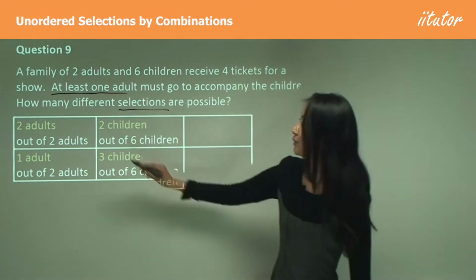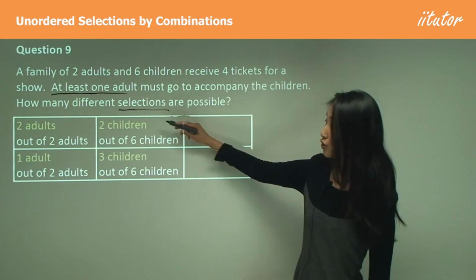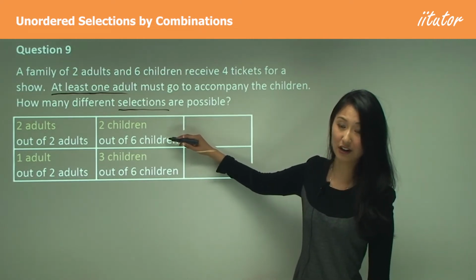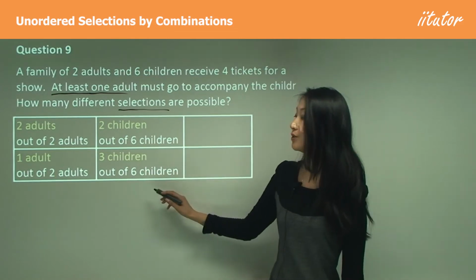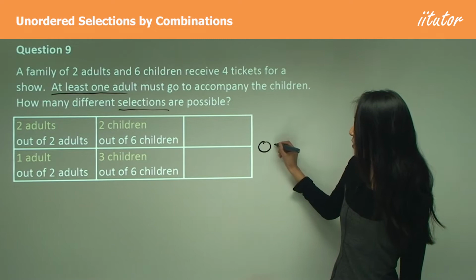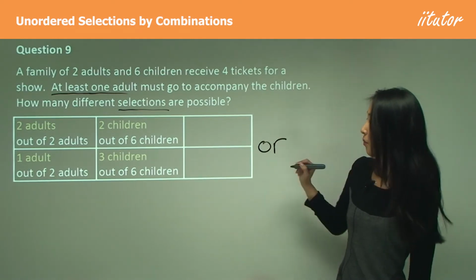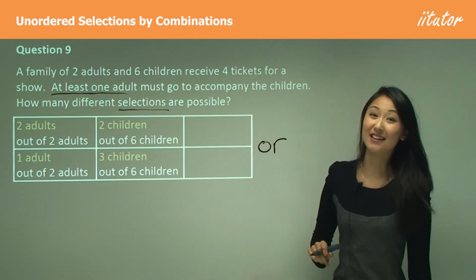When there's 2 adults going, because there's 4 tickets, there's only place for 2 children out of the 6 children to go. When there's 1 adult going, there'll be place enough for 3 children out of the 6 children to go. Because it's or between them, I'll add these together.